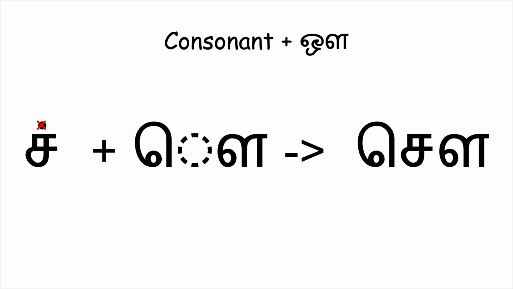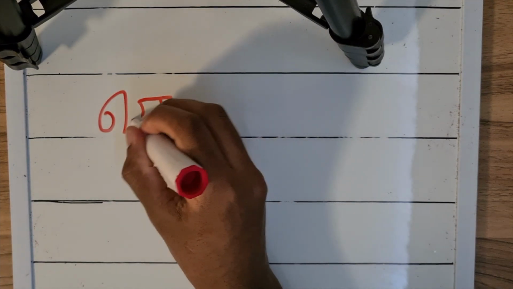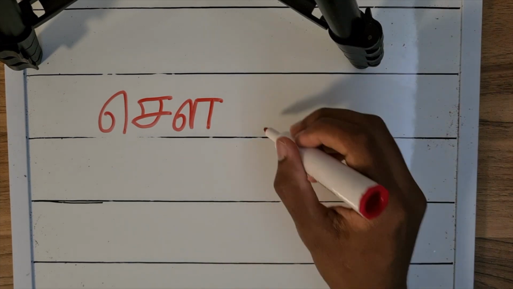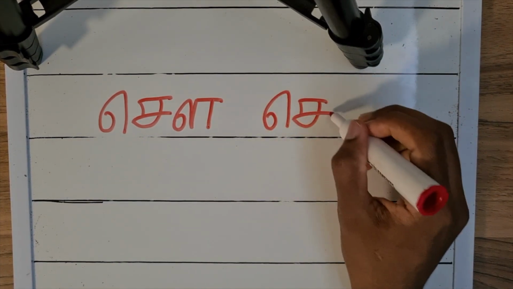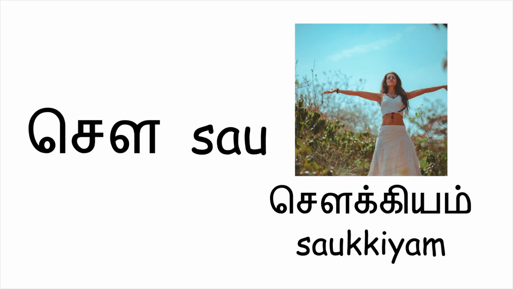Let me show you how to write sau. An example word that starts with sau is saukiam, which means wellness.